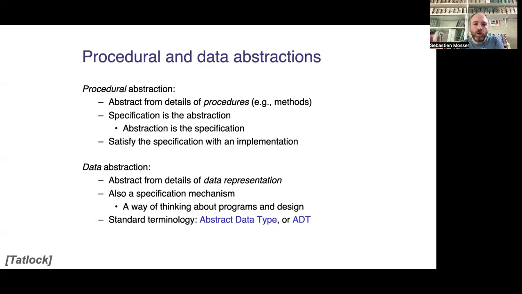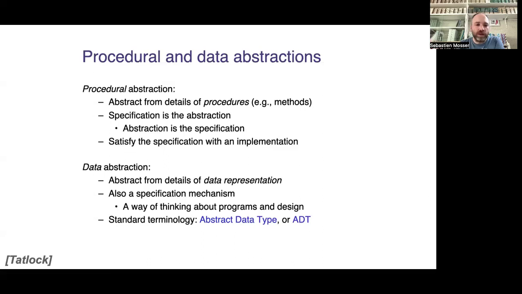So we're going to look for procedural abstraction and data abstraction, the two dimensions we're working on, because an object is procedure plus data, method plus instance variable, which brings you to what an object is.